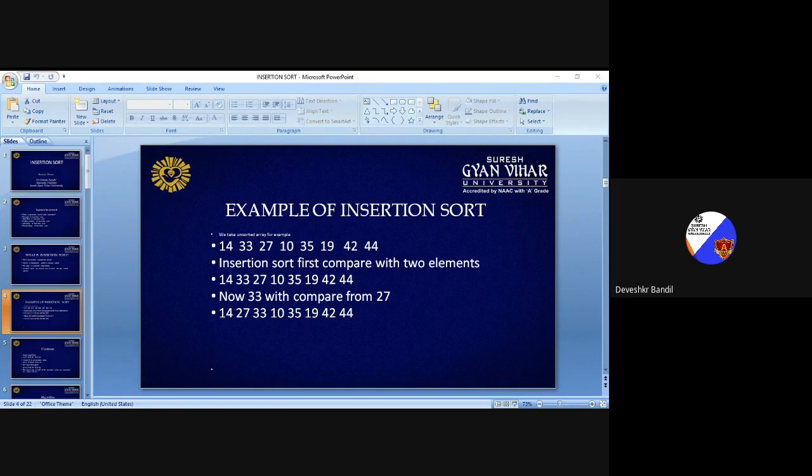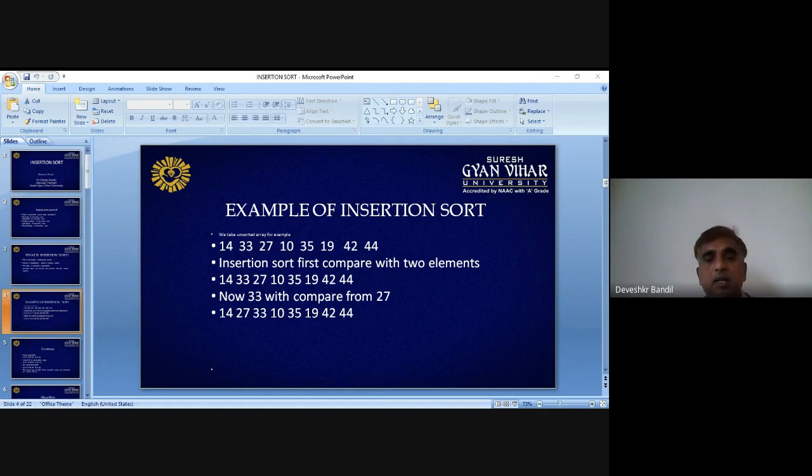Swapping means you interchange the values between two variables. Suppose you have two variables, the first variable is a and the second variable is b.